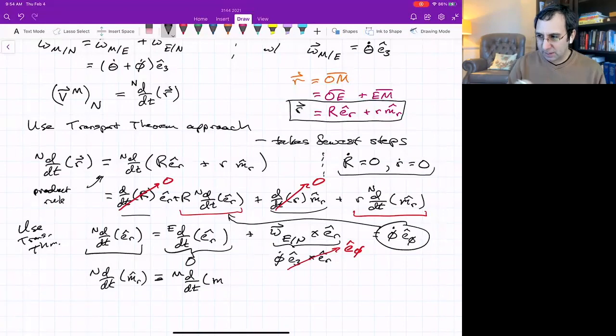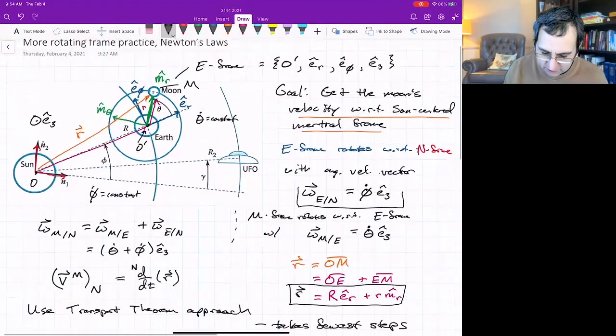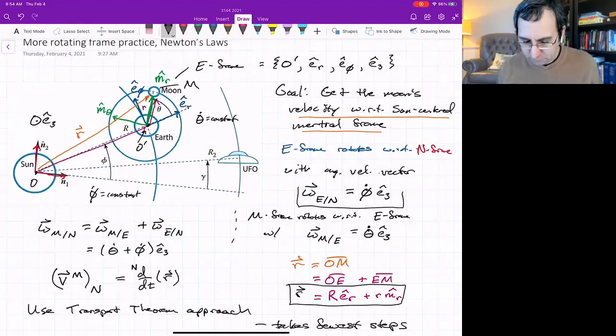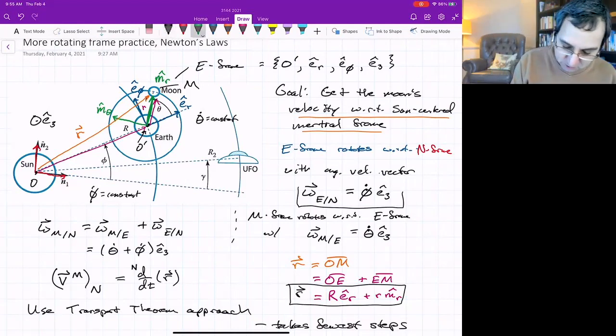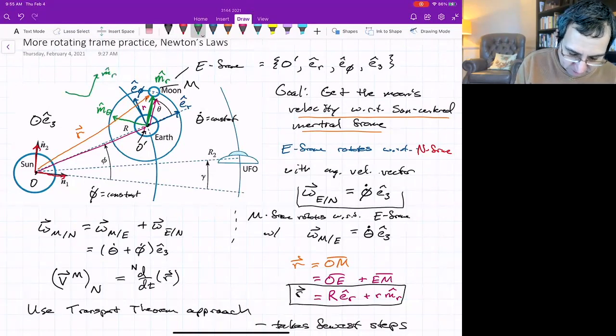You could have directions that are changing without them being attached to any particular origin. So you might be wondering, why did I attach the E frame to the Earth, but not the M frame? Really, these M directions are not attached to anything. You're like, oh my gosh, I don't get this at all.